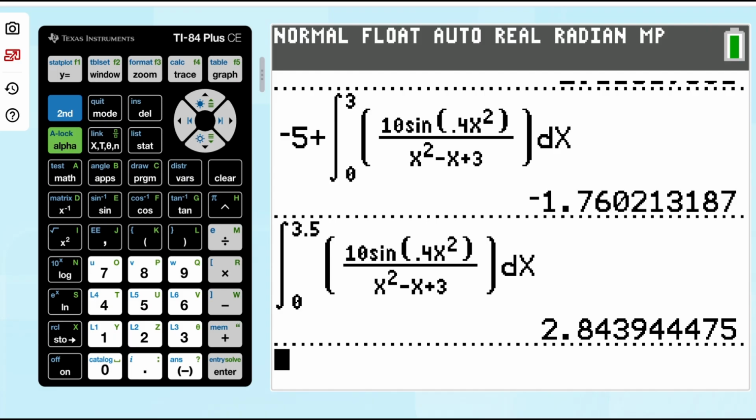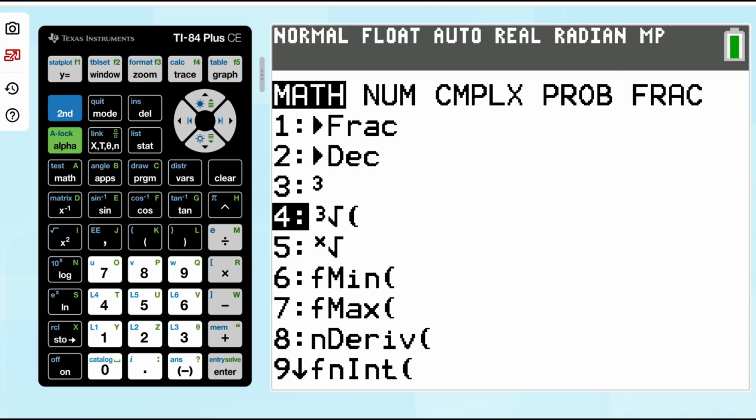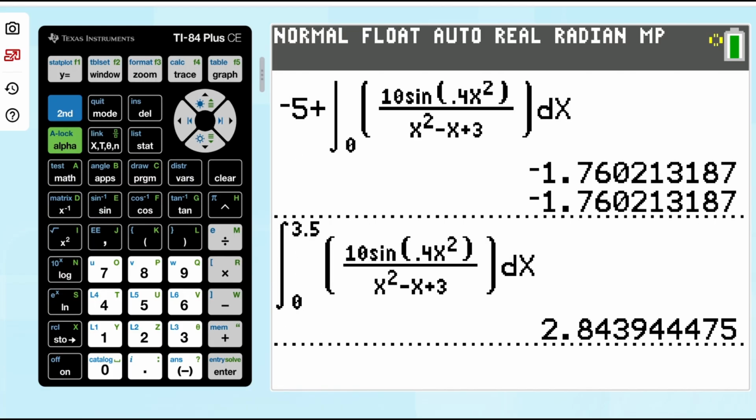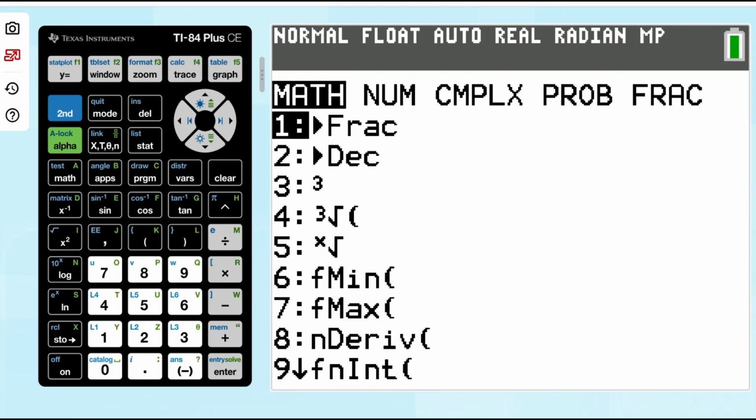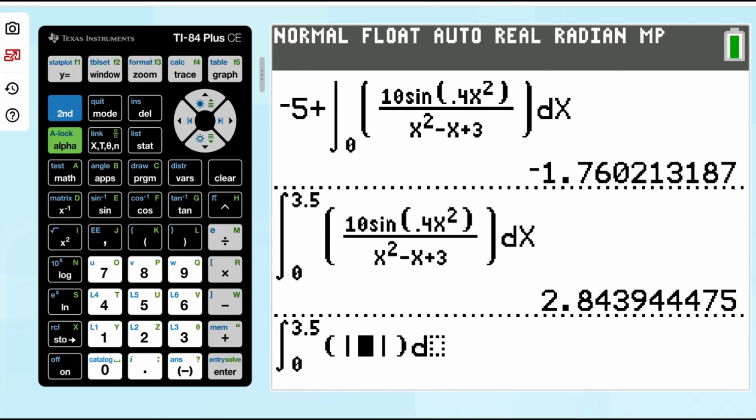So now we do need to find that value. So we'll do math, and we'll do option 9 again. And we're once again going to do 0 to 3.5. This time we need an absolute value. So we're going to hit math, go to the second column, number, and choose option 1 for absolute value.